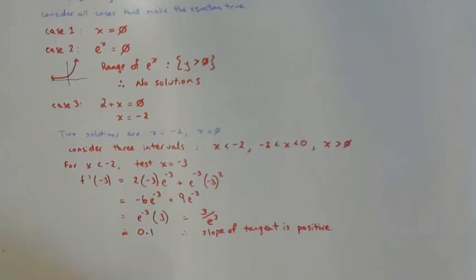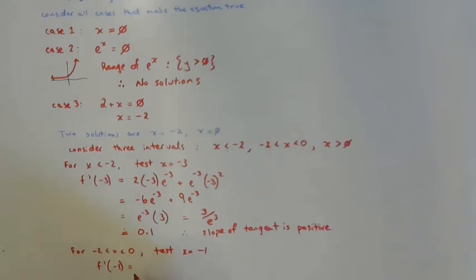Okay, I'm going to repeat those for the other 2 intervals. I'm not going to show the work, but for the interval between -2 and 0, we're going to test x equals -1, which means that we're going to take our derivative function and plug -1 in there.